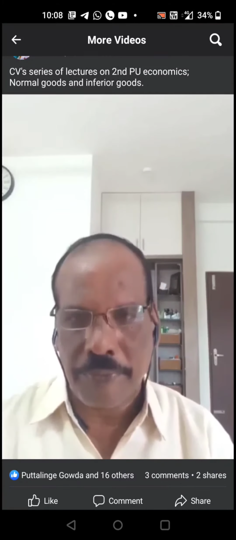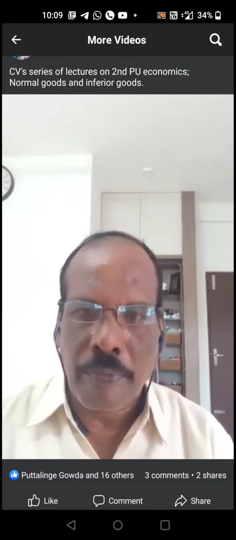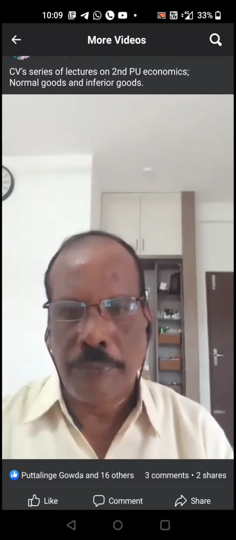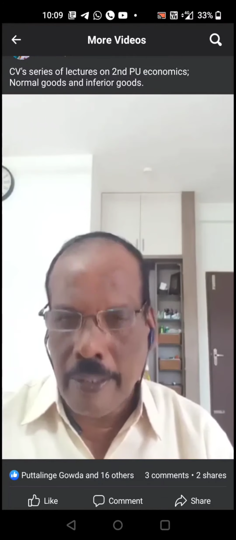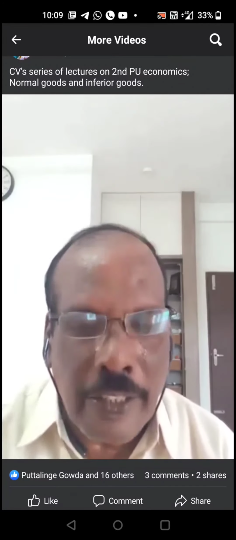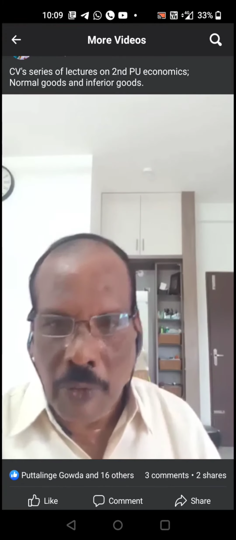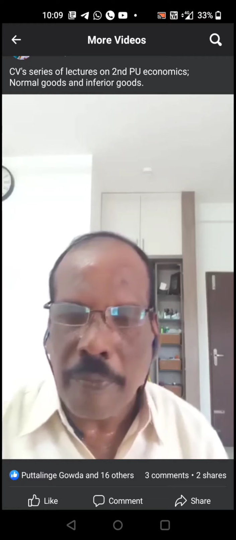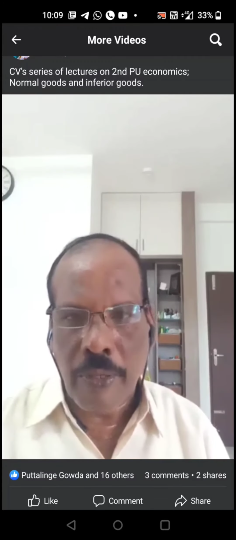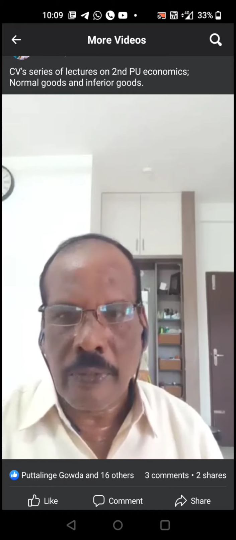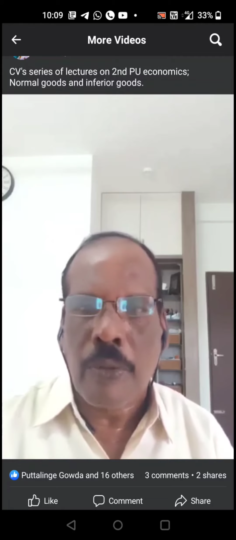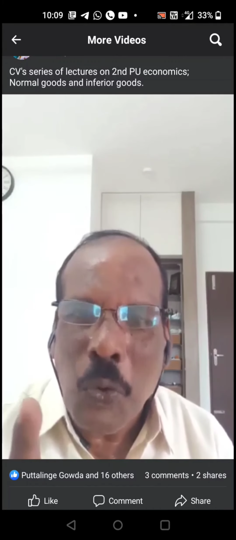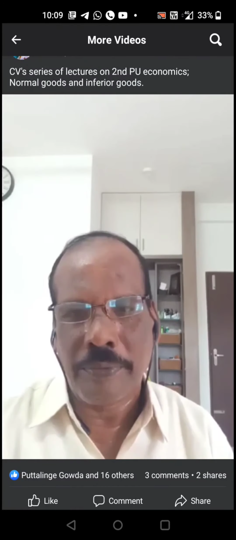And this happens in case of normal goods. So, the law of demand does hold good in case of normal goods. When the income increases, the demand for that good also increases. With 100 rupees, he was purchasing 2 kgs. When the price has risen to 200 rupees, he can purchase only 1 kg of mango.